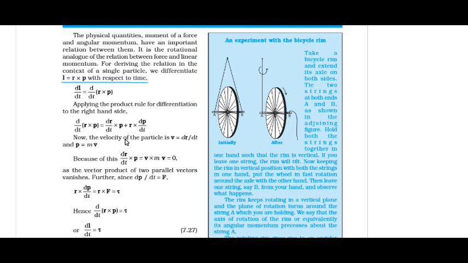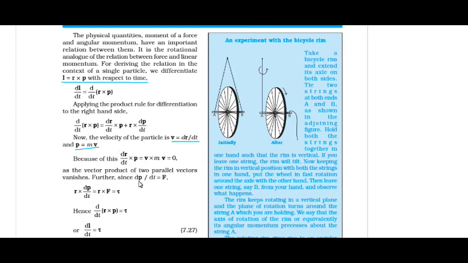Now the velocity of the particle is v is equal to dr by dt, and p is equal to mv. Because of this, dr by dt cross p is equal to v cross mv is equal to 0, as the vector product of two parallel vectors vanishes.